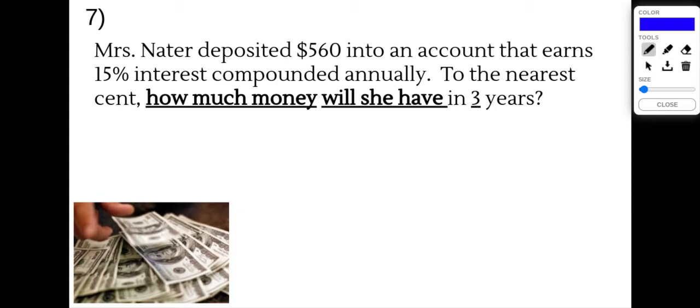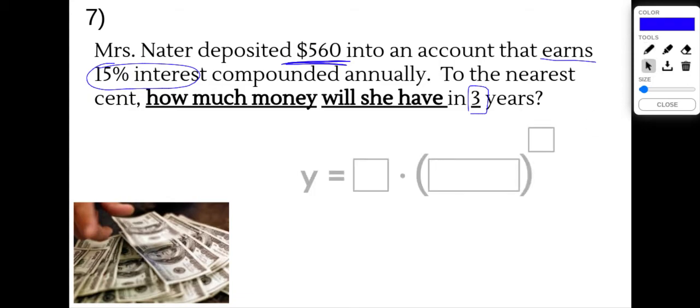Okay, so Mrs. Nader starts with $560, and that money is going to earn some interest. 15% interest is being earned, so it's going to increase, and we're wondering what she's going to have after 3 years. So I think we have enough information here for us to write down an exponential function. Now, do you see how I have a big space in my parentheses here?